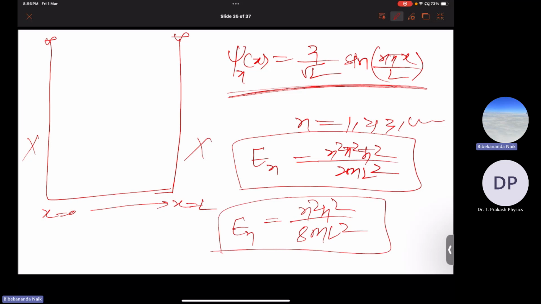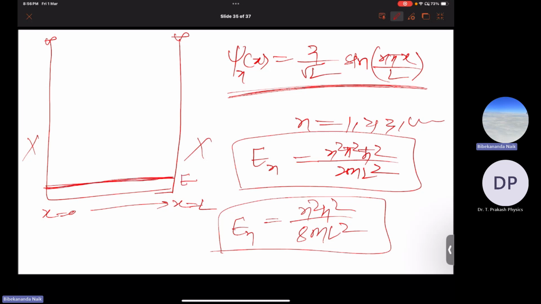So you see, this type of question generally comes for a three-dimensional potential box, because for a three-dimensional potential box another type of complexity comes in terms of degeneracy. Simply for one dimension, we know the zero-point energy is not zero.